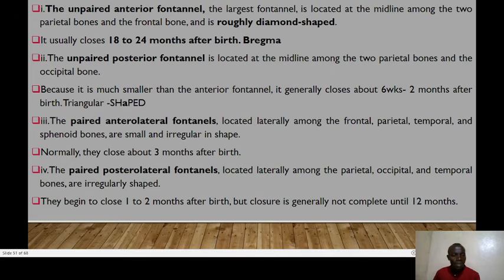We have the paired posterolateral fontanelles located laterally among the parietal, occiput, and temporal bones and are irregular shaped. They begin to close 1 to 2 months after birth, but closure is generally not complete until a year.